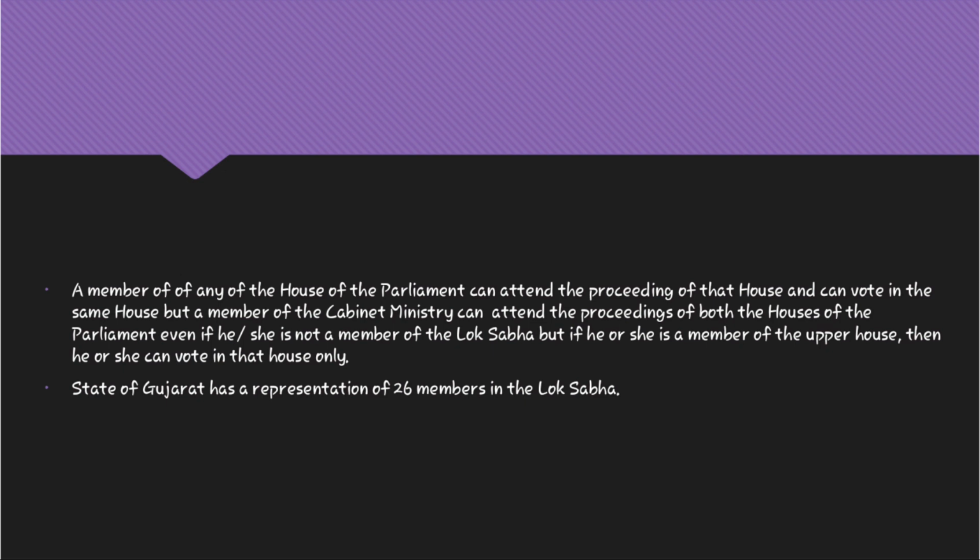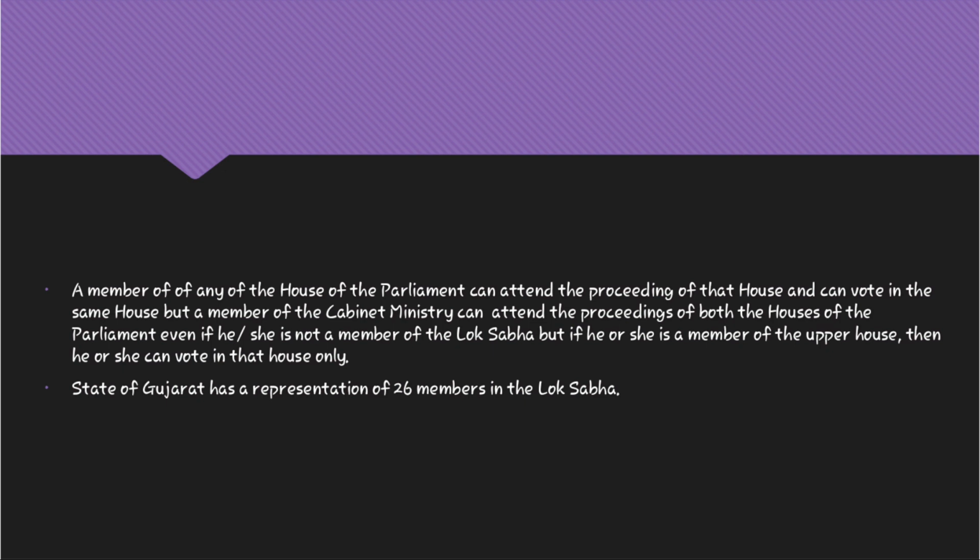For example, if you are a member of Lok Sabha and you are a cabinet minister, you have the ability to attend Lok Sabha as well as Rajya Sabha. But if he or she is a member of upper house, then he can vote in that house only. Voting capacity is only in the house where you are a member.